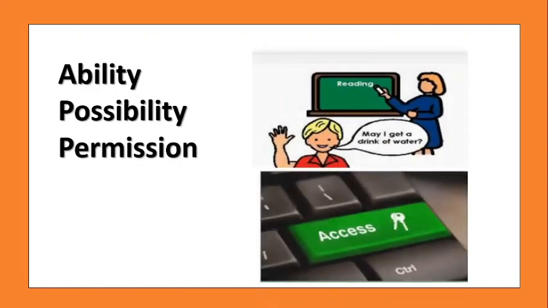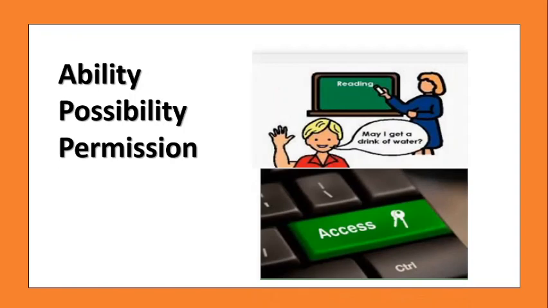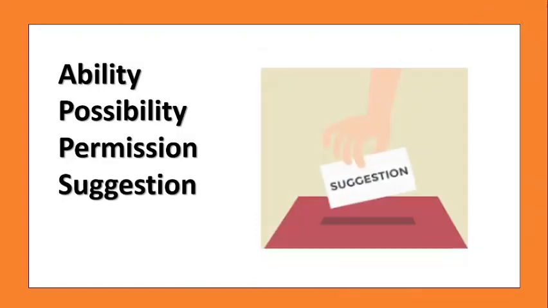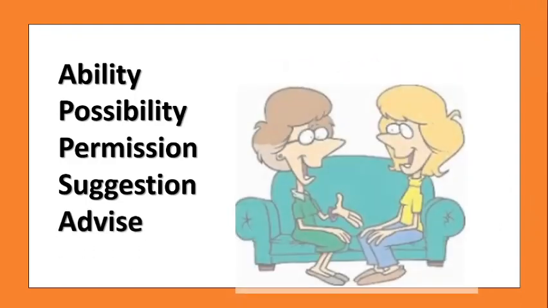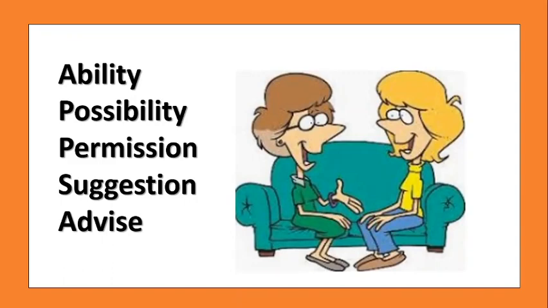You can ask for permission and also grant permission. We have the one that can be used to give suggestion. We have the one that can be used to give advice. And we have the ones that can be used to give ability, possibility, permission, suggestion, and advice.